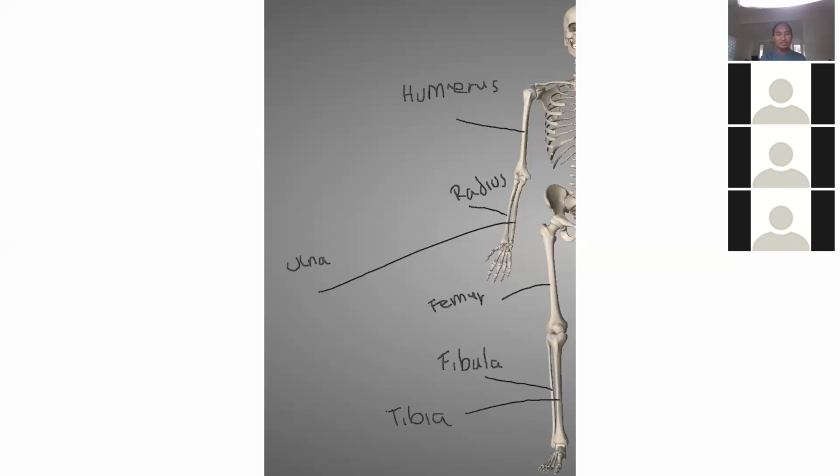So let's look at the bones in our hand and wrist. Radius and ulna, don't forget that. We are going to look at this area, the hand and the wrist and the lower end of the radius.